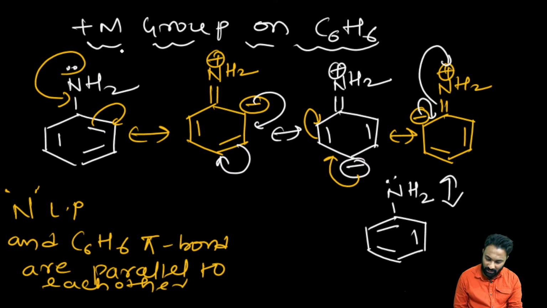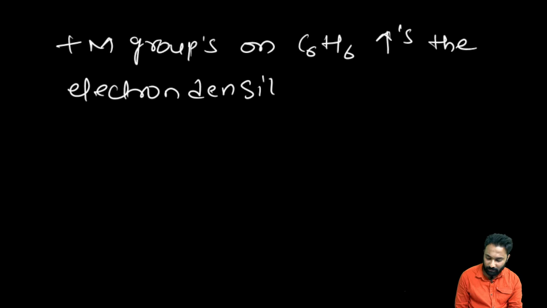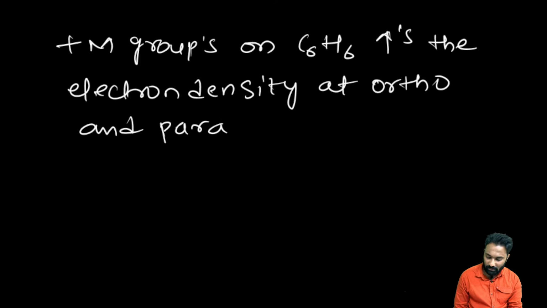This is a resonating structure. If any plus M groups are attached on the benzene, it will increase the electron density. What is the key point you have to remember? If any plus M groups are on benzene, they increase the electron density at ortho and para positions.